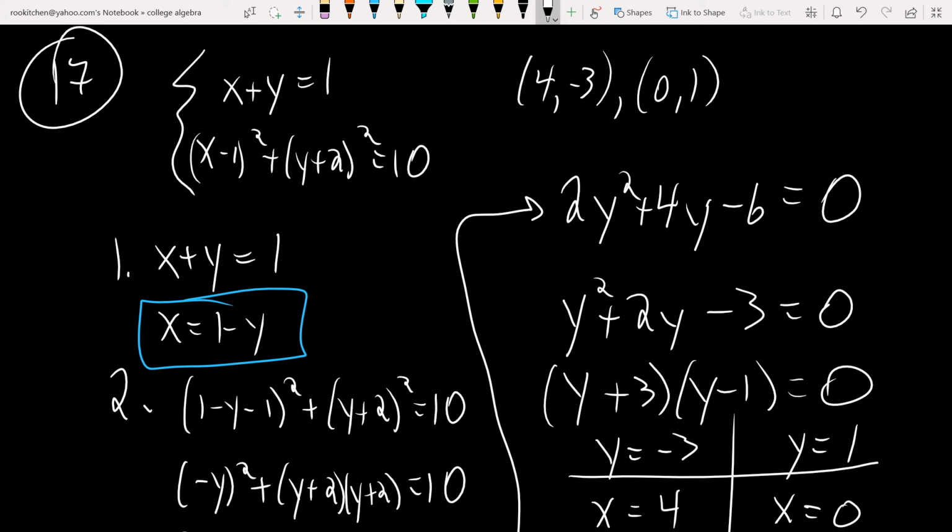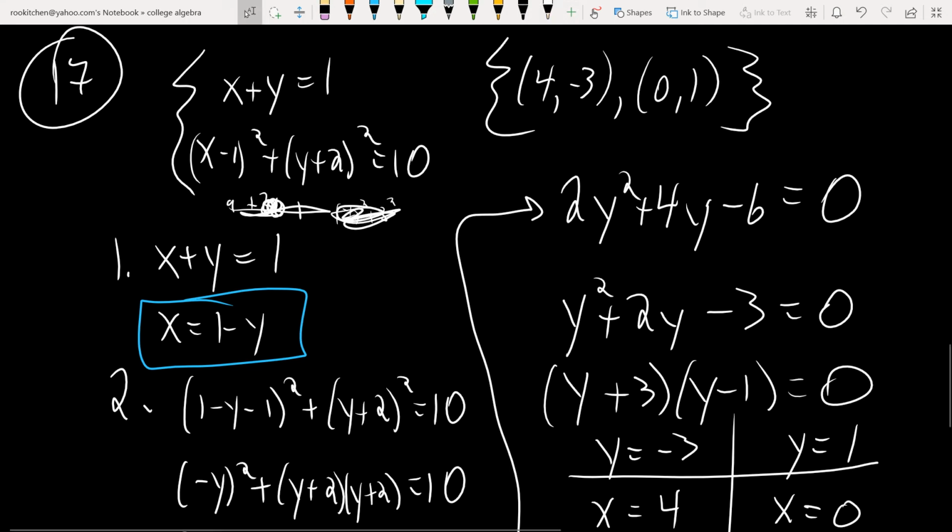Now I want to spot check them. 4 plus negative 3 is 1, 0 plus 1 is 1. 4 minus 1 is 3, that'd be 9 plus 36. Ooh. No, it's negative 3 plus 2 is negative 1, negative 1 squared is 1, 9 plus 1 is 10, so that's good. Then negative 1 squared plus 3 squared, it's going to be 1 plus 9 is 10, so they both work.